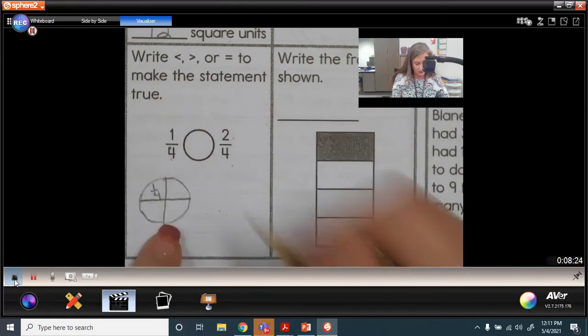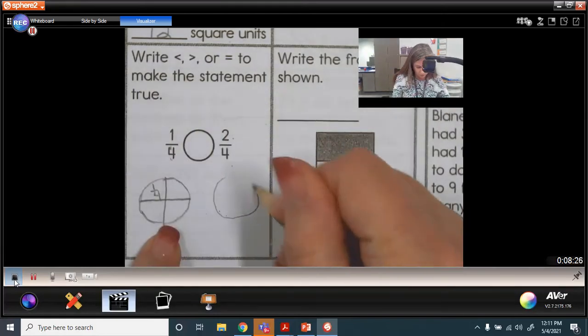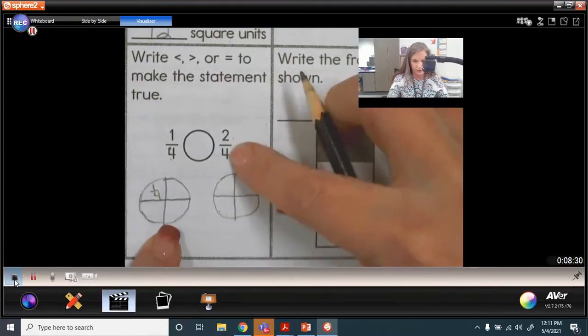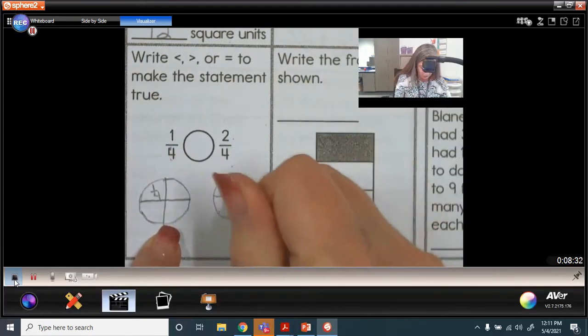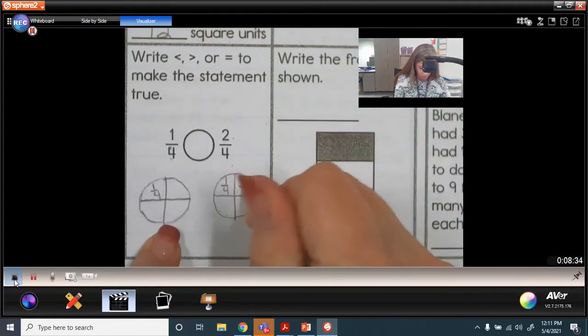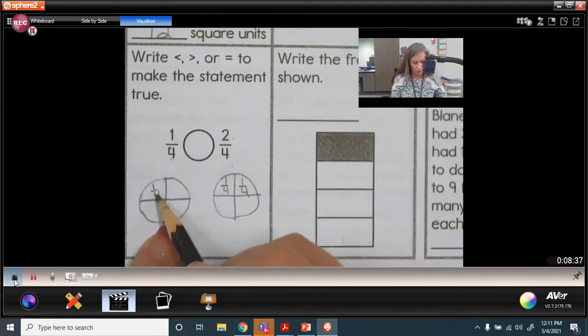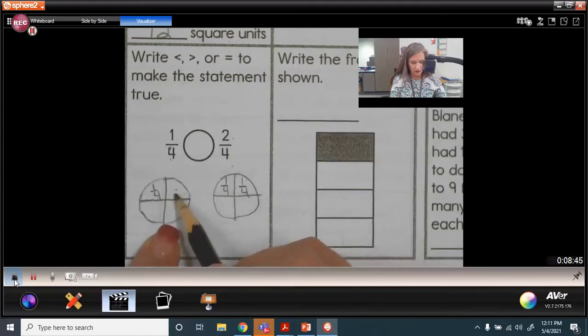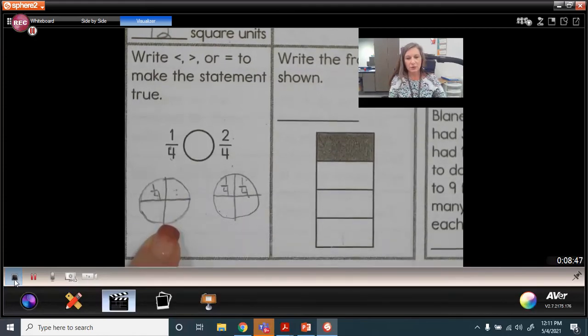Now, if I were to take the same circle and partition it into fourths, just like it says here in my denominator, and I have 1/4 and 1/4, I can see that one of these 4 pieces is not the same as 2 of my 4th pieces. This one is not part of that.